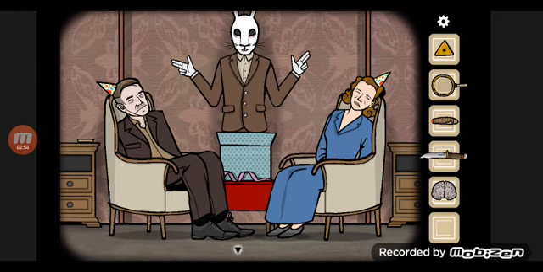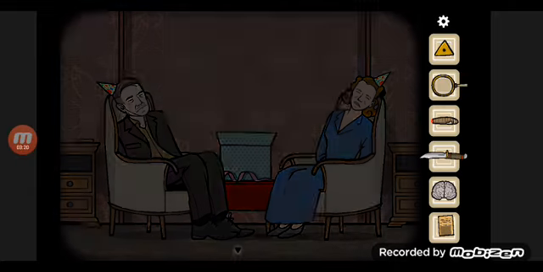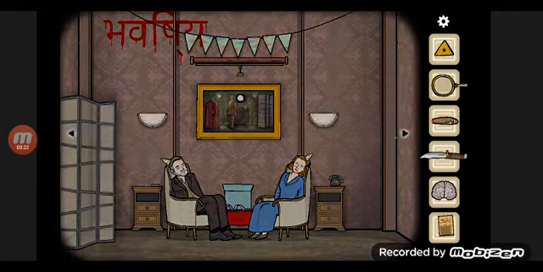Note, it's a reference to the game Cube Escape Birthday. Now let's look into the present. Take the newspaper article and put it in the psychological report.